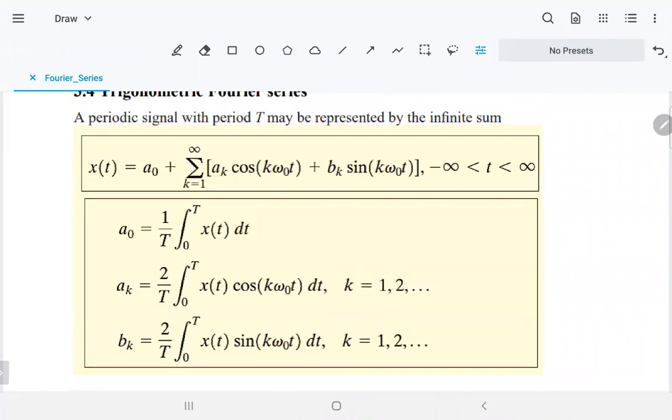You try to say that this signal can be represented by A naught, a constant like 5, plus 3 cosine and so on. Let me write an example.